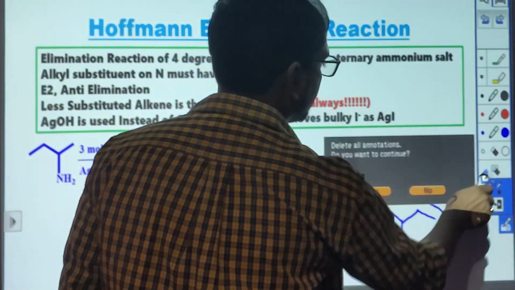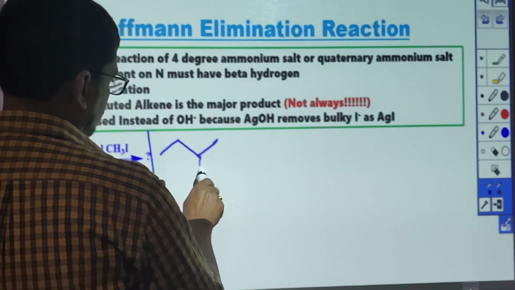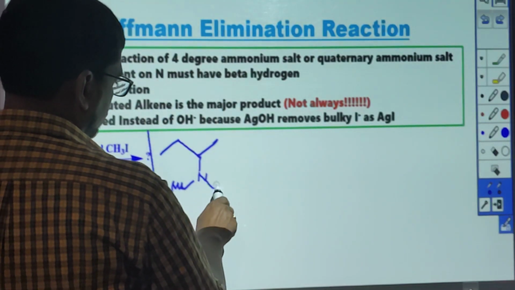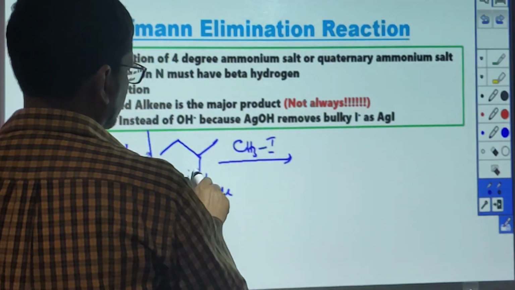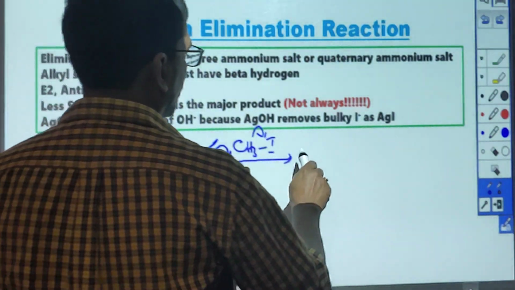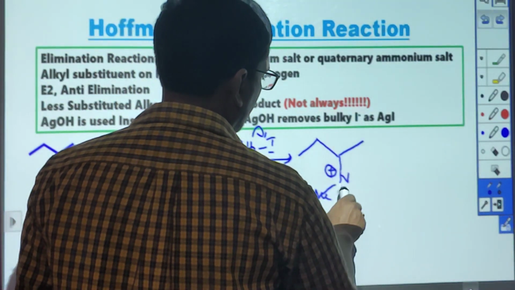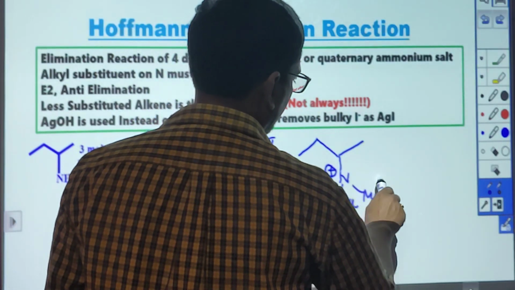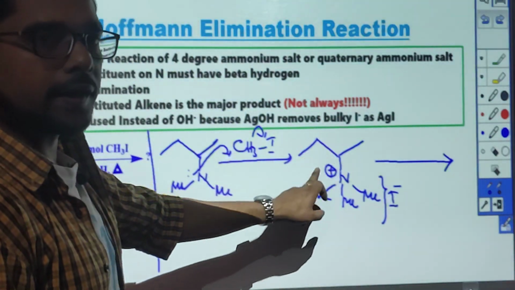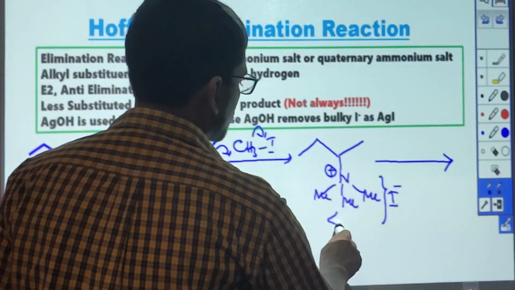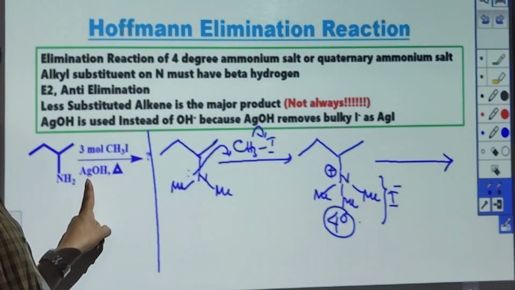Let me write. This is the quaternary ammonium salt or 4-degree ammonium salt. Now what will happen? We have given AgOH.